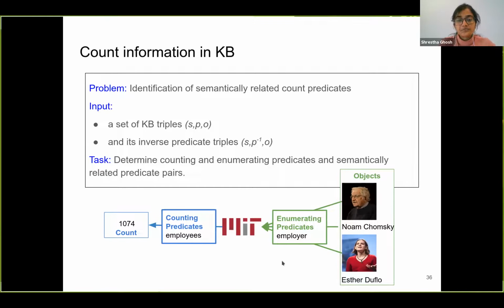So here we would actually need to have knowledge about the inverse predicate triples. And the task would be to firstly determine which predicates are enumerating types, which are counting types, and then to find whether there exist pairs of such aligned predicates.